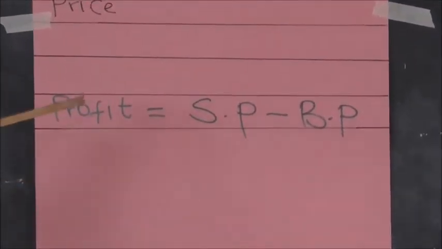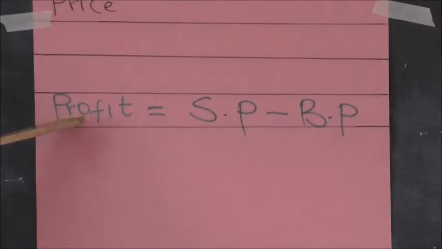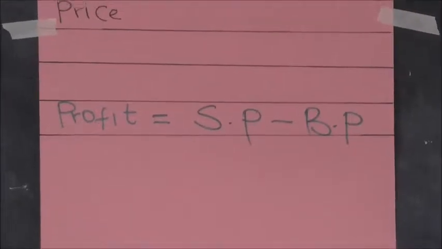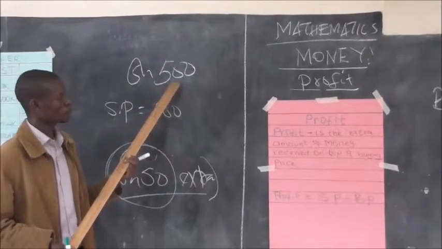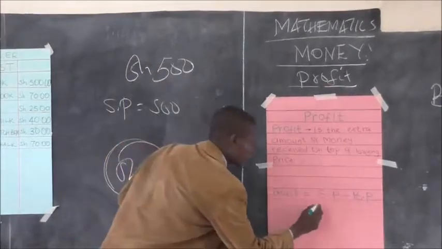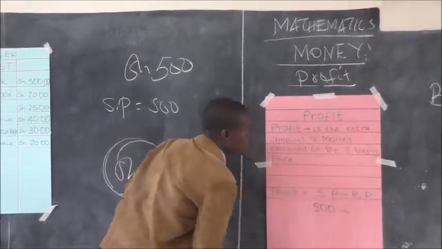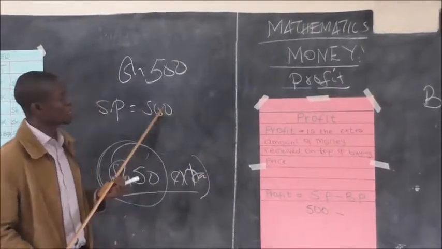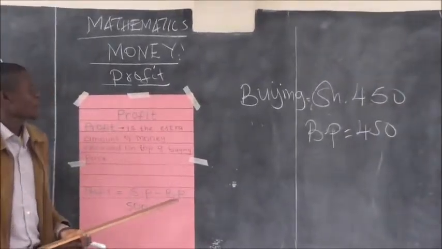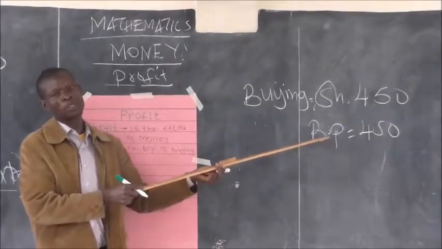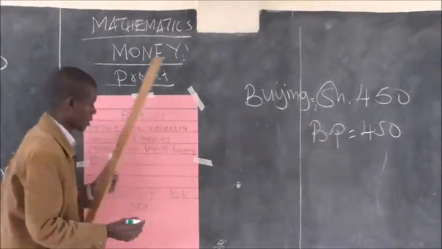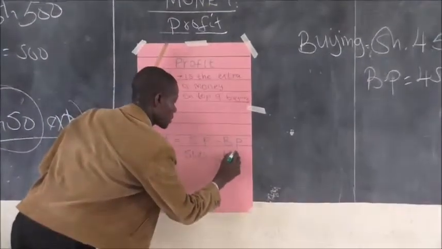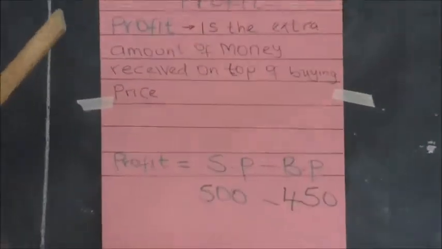So to get the profit made on top of the buying price, you take the price at which an item was sold, as in this case 500 shillings, then from the amount at which the book was sold, we subtract the amount of money that was paid when the book was bought, that is 450 shillings.